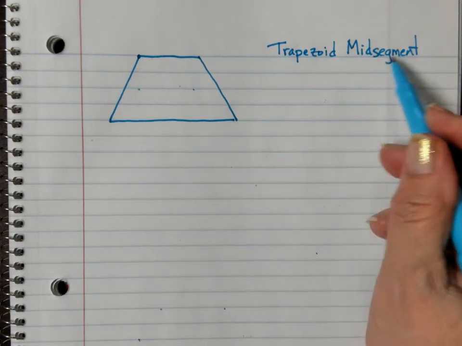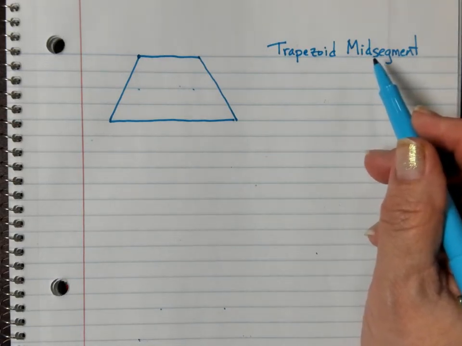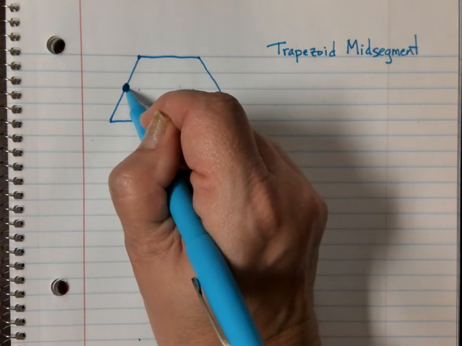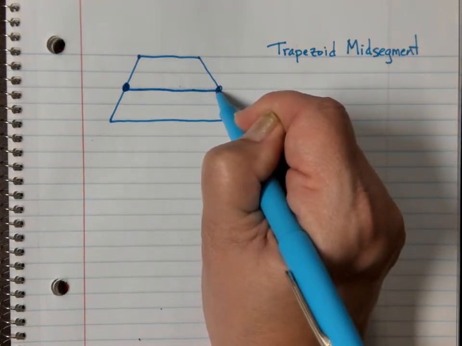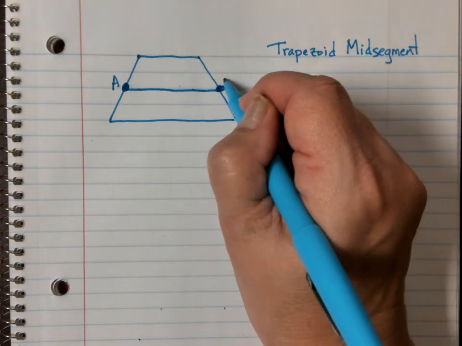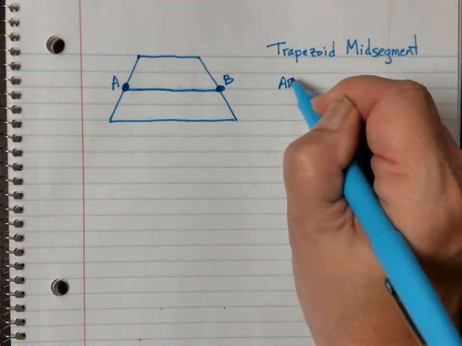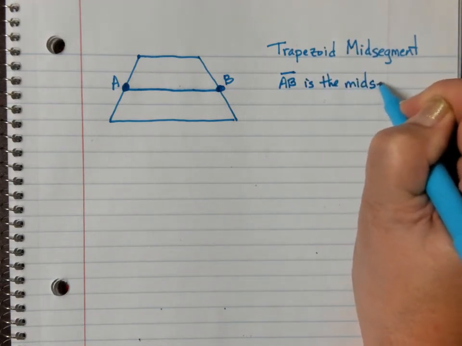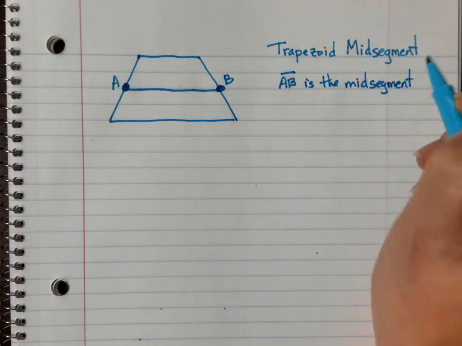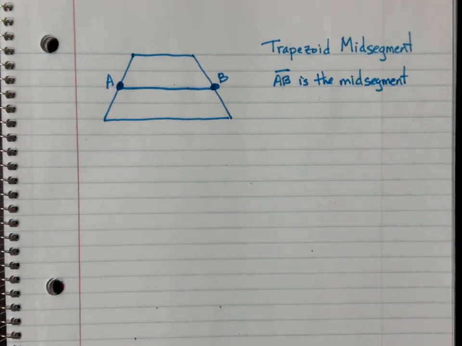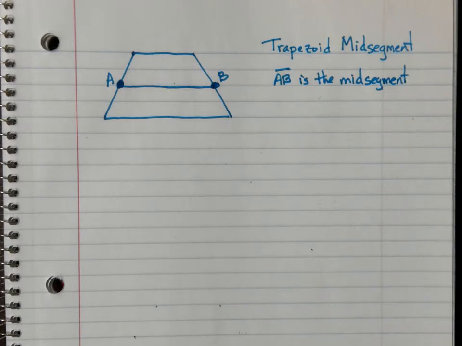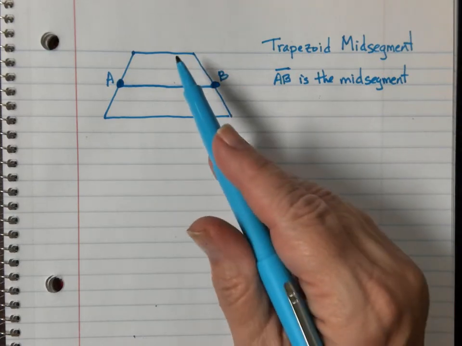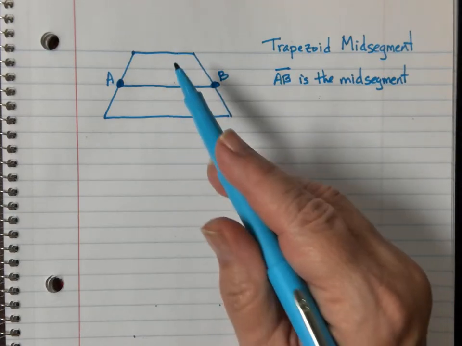It's a line segment that comes right in the middle of the trapezoid, parallel to the two bases. So right here, from here to here, I call this AB. Line segment AB is the mid-segment. And the mid-segment is the average of these two bases.